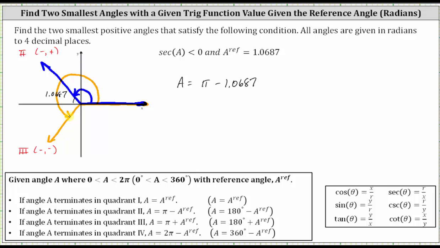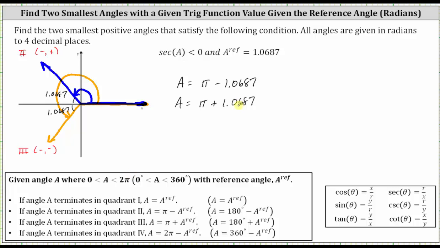But again, the reference angle is still 1.0687 radians, which is the angle between the terminal side and the negative x-axis, this angle here. Notice to find the smallest positive angle in the third quadrant, we would have to take pi radians and then add the reference angle of 1.0687 radians. This is the second smallest positive angle that satisfies the given condition.